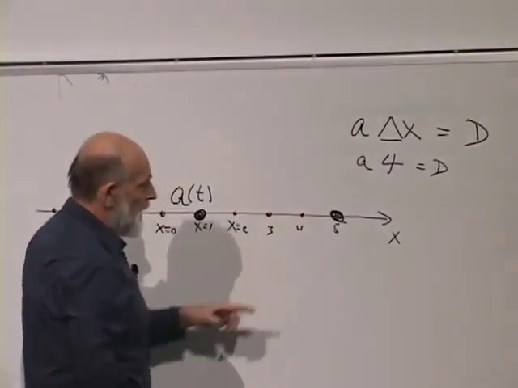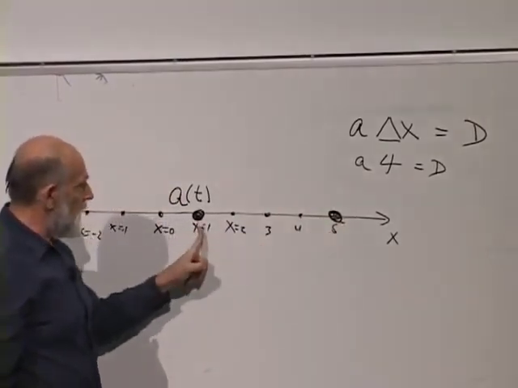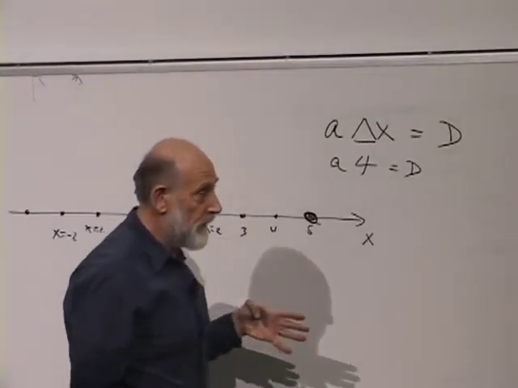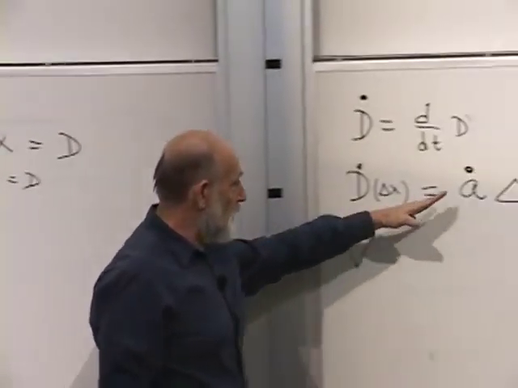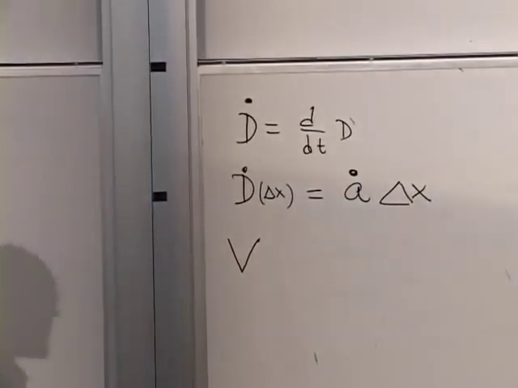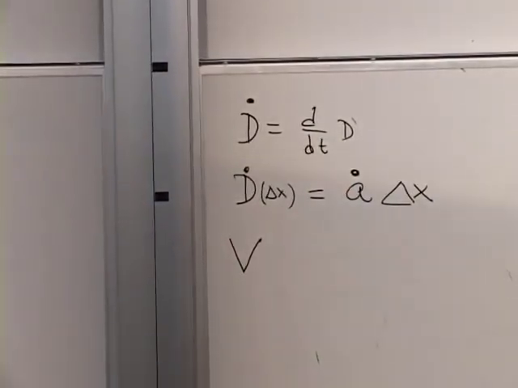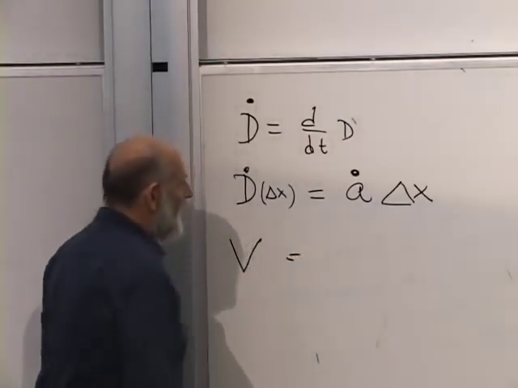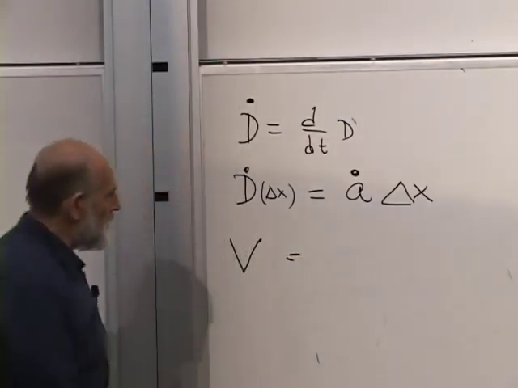It's also the velocity that x equals 5 would see of x equals 1, either moving away or coming closer. It depends on whether the derivative is positive or negative, whether they're approaching or receding.